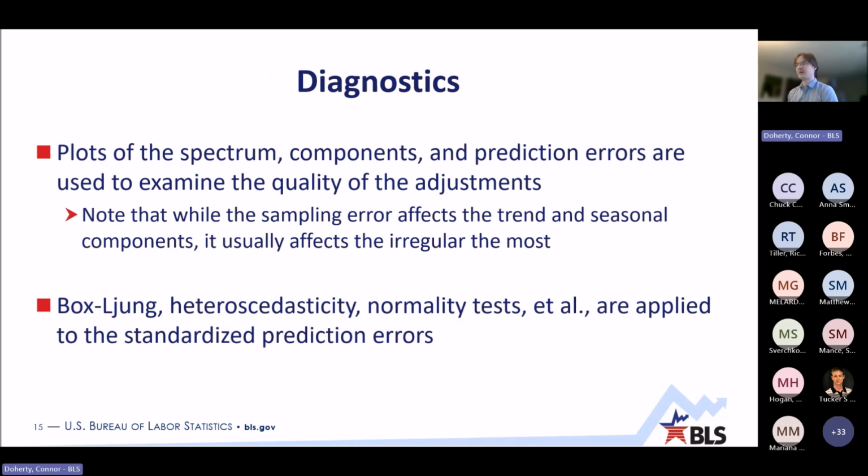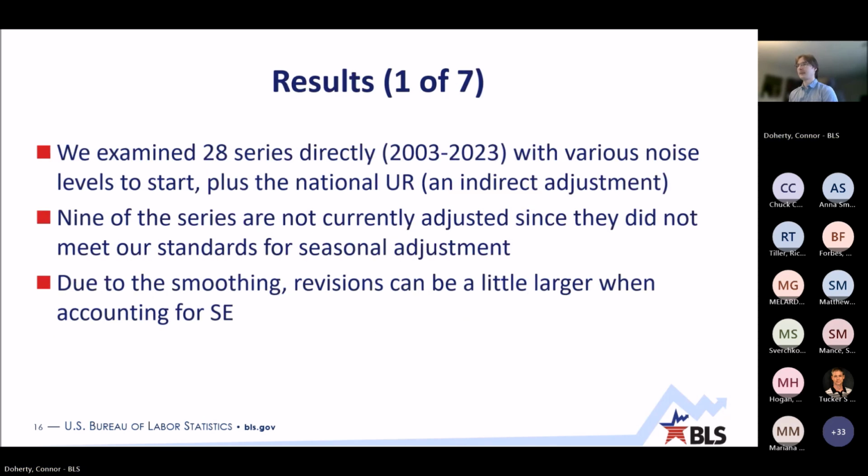Now, just a little bit of information before we get to the results. So for our diagnostics, we looked at plots of the spectrum, components, and prediction errors to examine the quality of our adjustments. And then we also applied Box-Young heteroscedasticity and normality tests to the standardized prediction errors. So now onto our results.